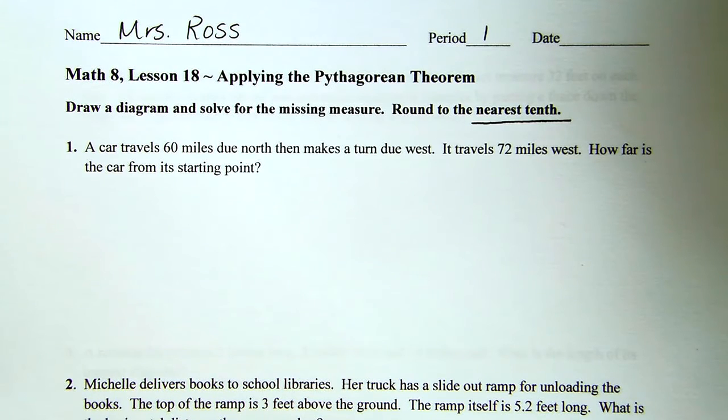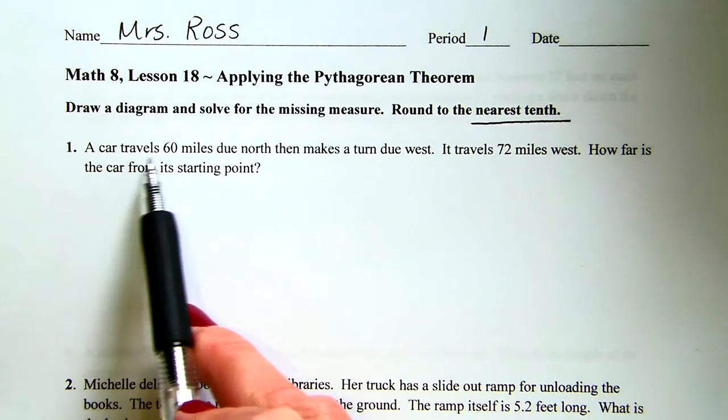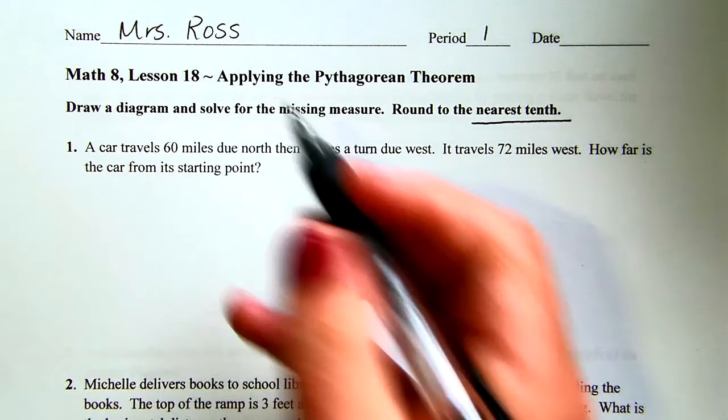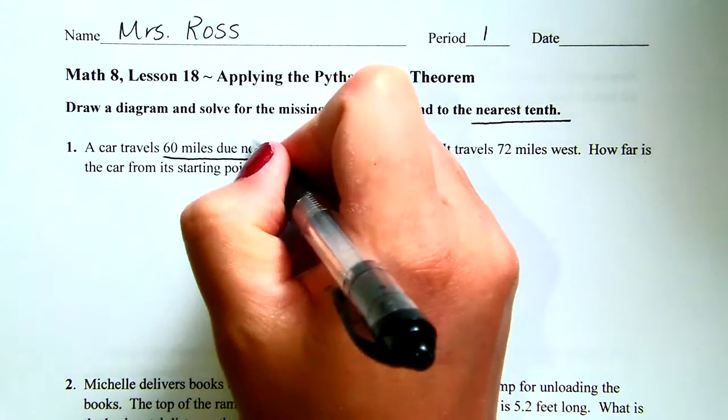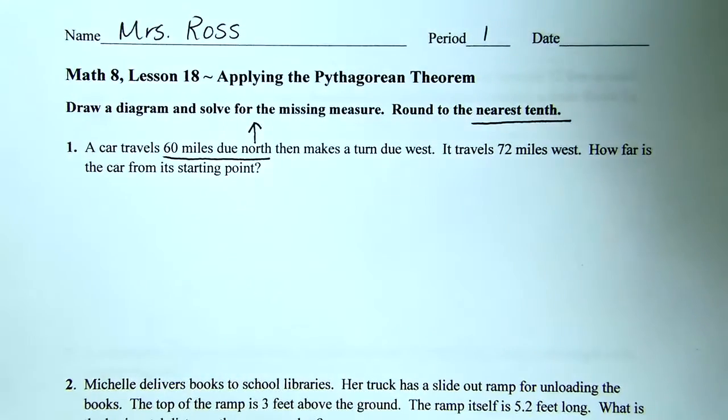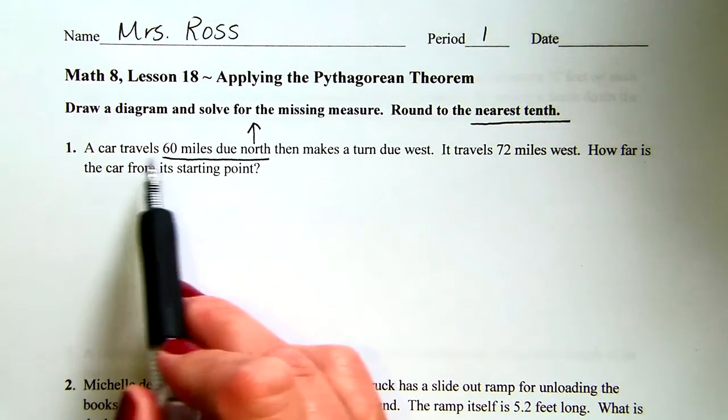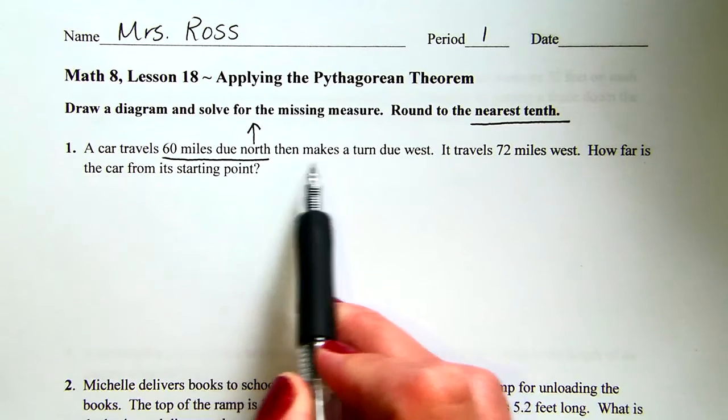Taking a look at number 1. It says, a car travels 60 miles due north. I'm going to underline that because that's a key piece of information. And when we travel north, I'm going to put an upwards arrow. That's going to help me out here. A car travels 60 miles due north, then it makes a turn due west.